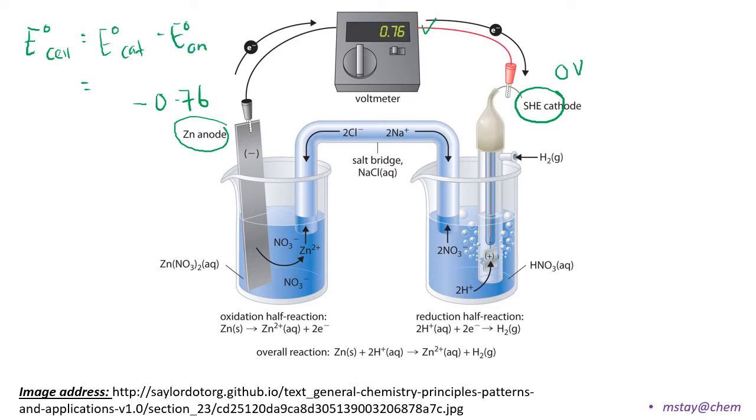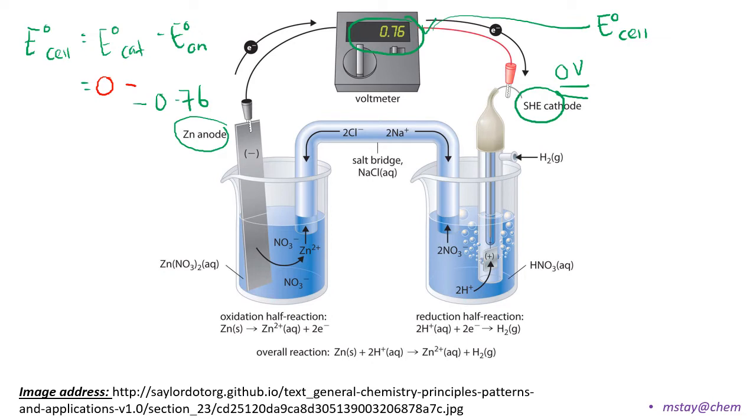In this case, the reading at the voltmeter is considered as E naught cell, because it combines the two electrode potentials, one from the zinc and one from the SHE. Because the SHE is a reference, it is always 0 volt. So we put 0 for the cathode, minus the anode electrode potential, which we need to figure out.